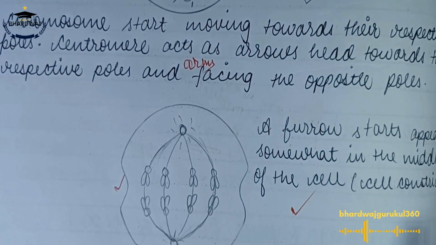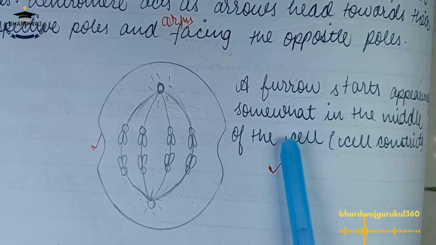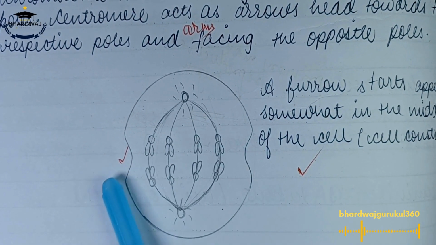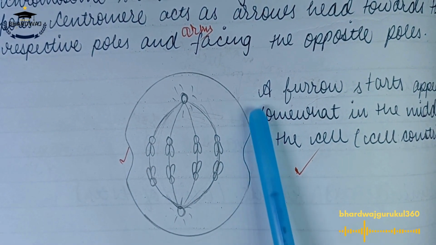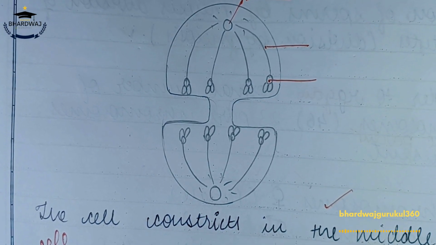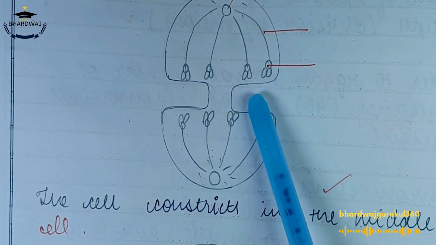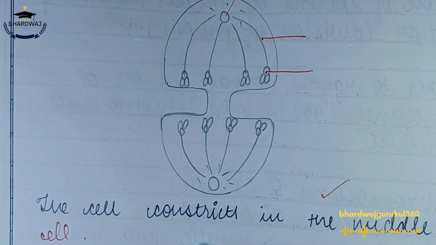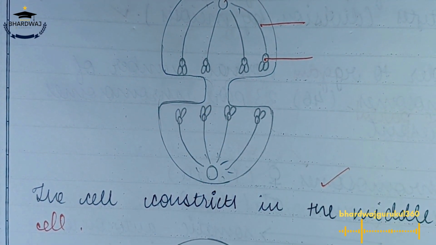A furrow starts appearing somewhat in the middle of the cell. Cell constricts. So this furrow has started to develop as this is the animal cell. As you can see, the furrow is becoming deeper and deeper. The cell constricts in the middle of the cell.